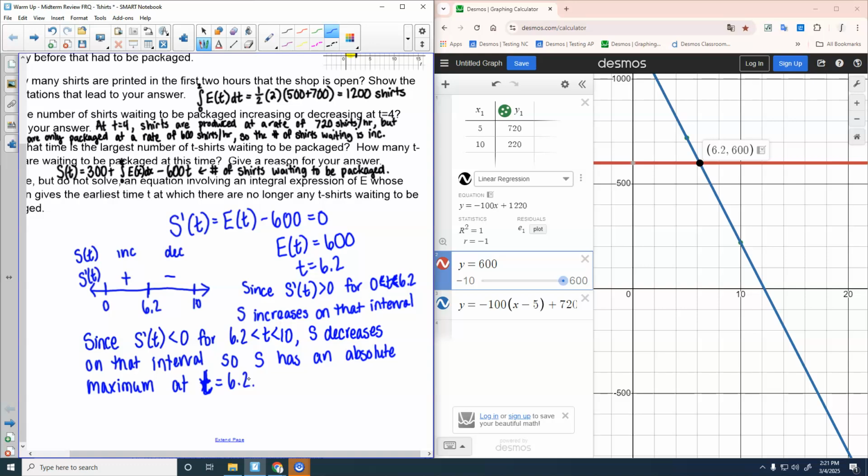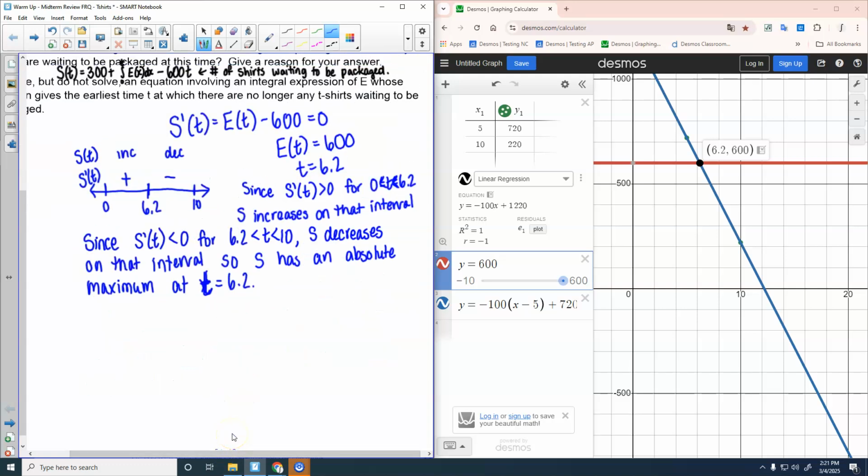Now the question does ask us how many t-shirts it is, right? So we're still not done with this part. This part's really long. How am I going to find how many t-shirts it is? What did this equation right here give us? Number of t-shirts waiting, right? So we're going to plug into that.